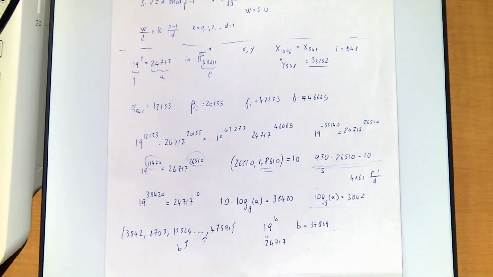And this is all that I had to say for the larger algorithm. So of course, this still falls under the umbrella of collision algorithms, and we've seen that the index calculus, for example, is more efficient when I'm working over FP.